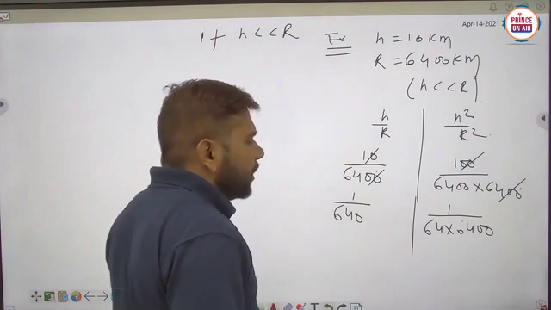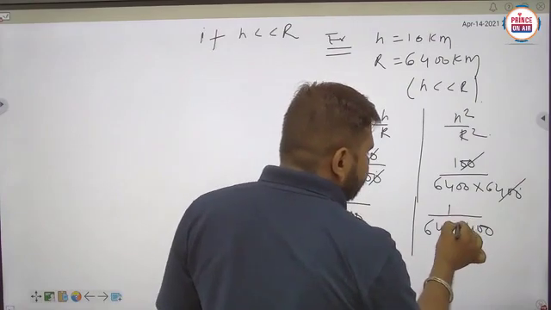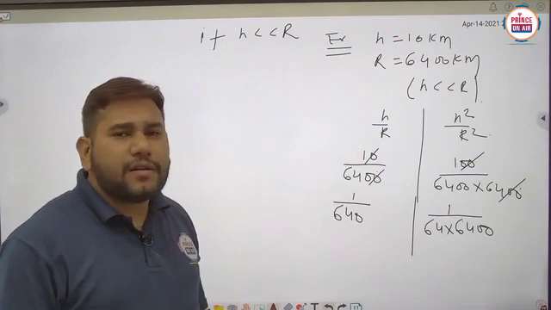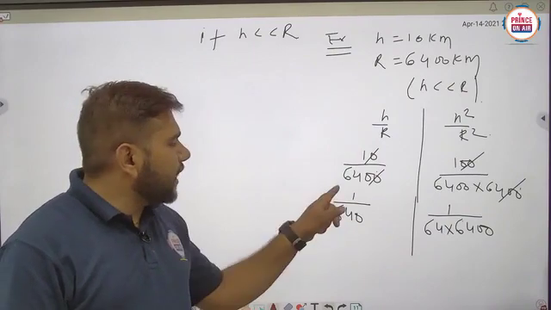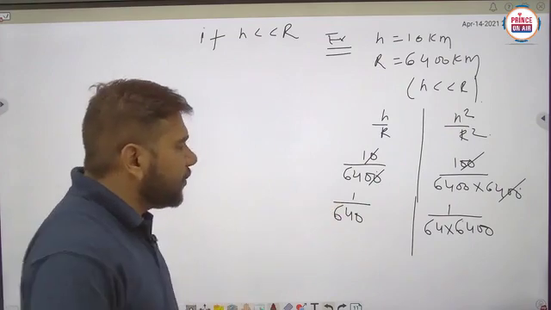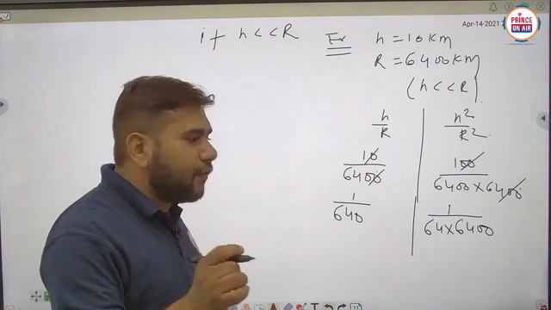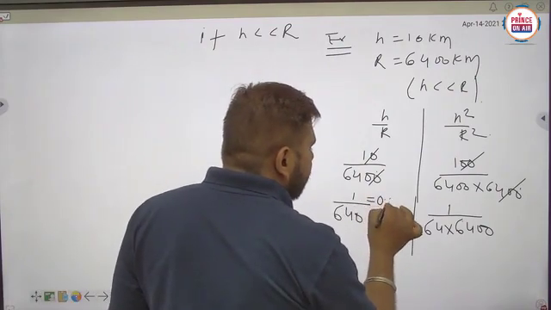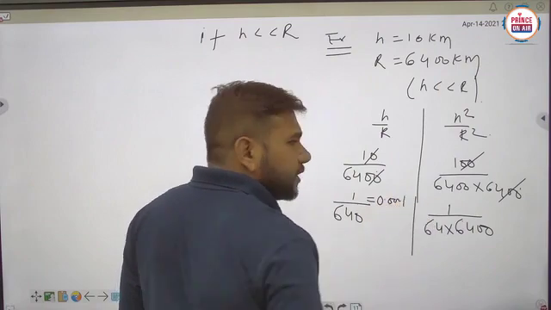Yes or no, beta? Now let's see. When I divide 1 by 640, what will be the result? Think for a minute. It will be just like 0.00 something.